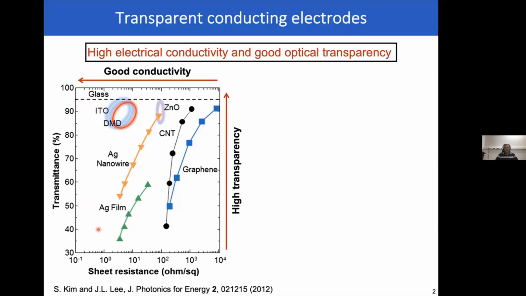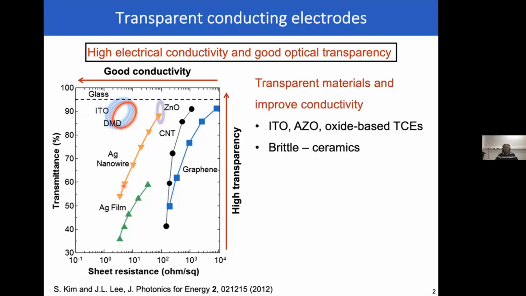Now, there are a lot of materials that people use to do this, and people normally go by two approaches. They initially start with a transparent material, and then they do something to improve its conductivity. This is typically what people do when they use something like indium tin oxide or aluminum doped zinc oxide.